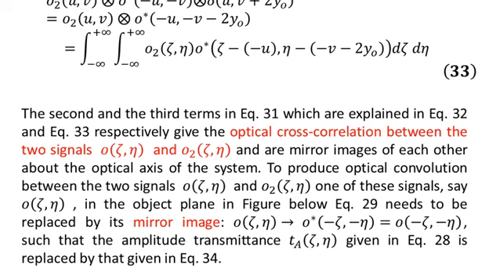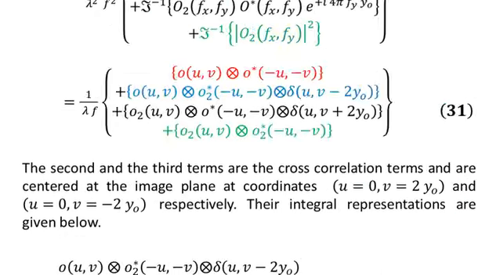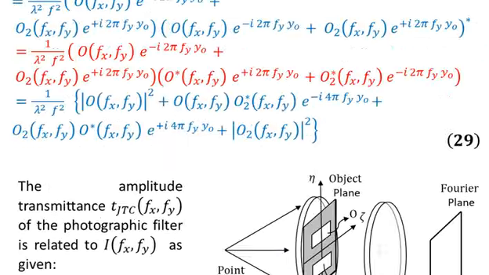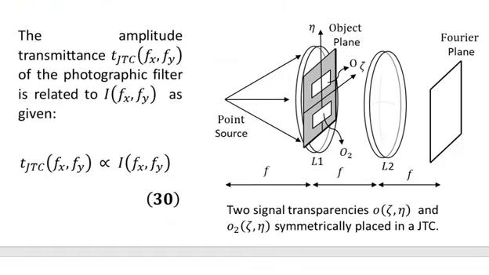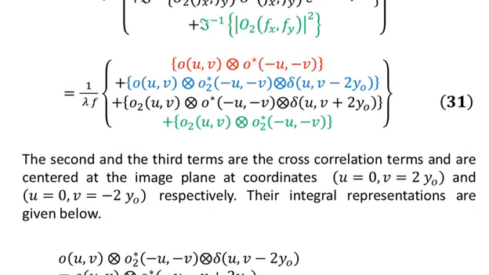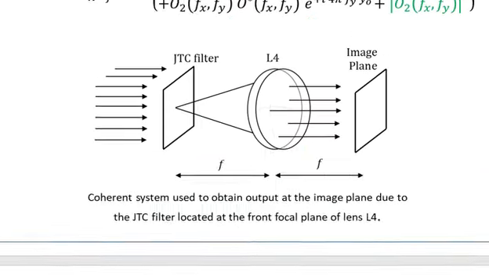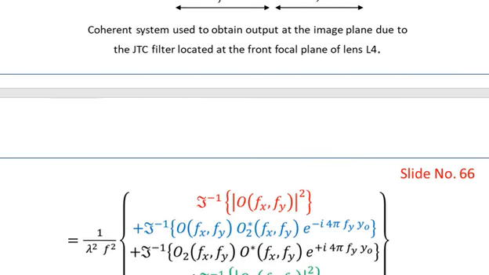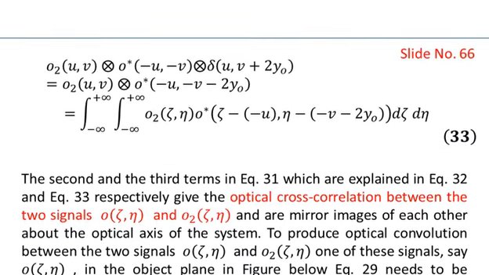So O at zeta and eta will be replaced by O at minus zeta and eta, in this setup. So we are replacing O with its mirror image, so that we can obtain the equations in our desired form for equations number 31 and 32.